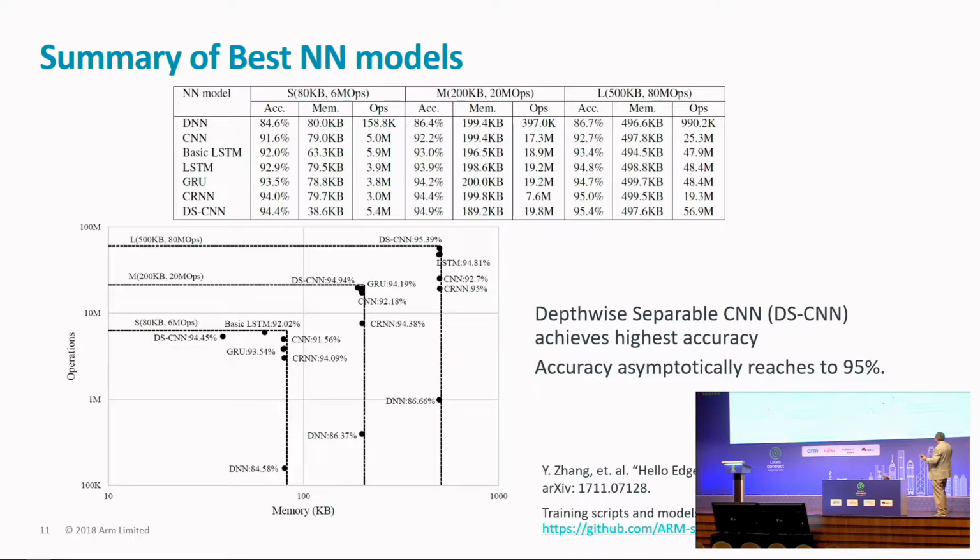Whereas with a DSCNN, you've got half the memory footprint, but you've nearly doubled the number of operations you want to do. So it's kind of, as we would say, horses for courses. You need to choose whether you want a lower memory footprint and a higher energy envelope, or a larger memory footprint and a smaller energy envelope. So it's all about energy versus cost, really.